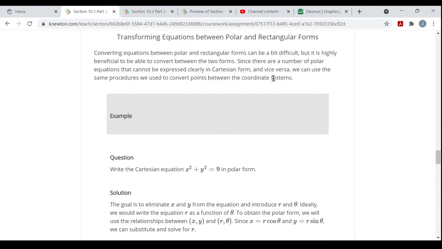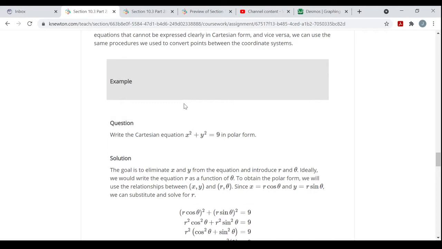Hopefully you recall in previous videos we talked about converting points in polar coordinates to rectangular coordinates, and vice versa. So all those relationships are going to come up here.